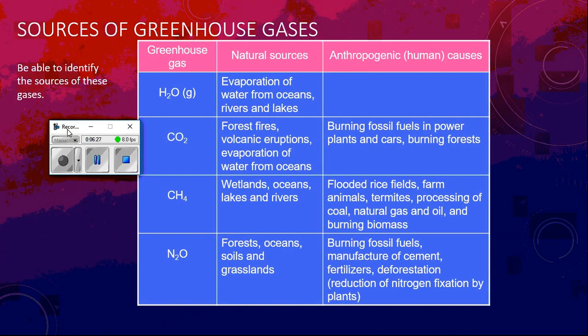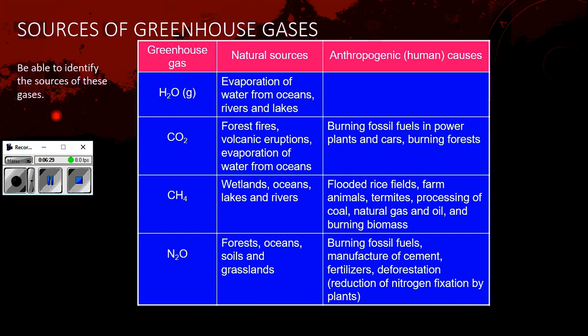Here's another list of the greenhouse gases as before. This particular list tells you the greenhouse gas, the natural sources of that gas, and the human causes that create these gases. So water is a greenhouse gas. We get that naturally from the evaporation of our oceans, rivers, lakes.